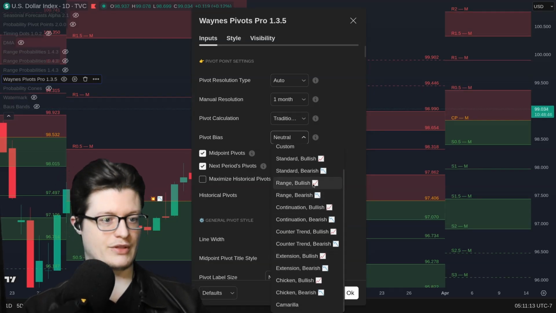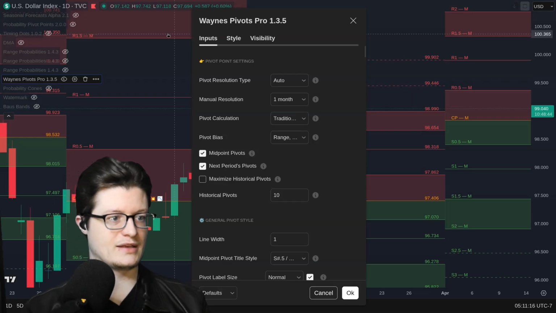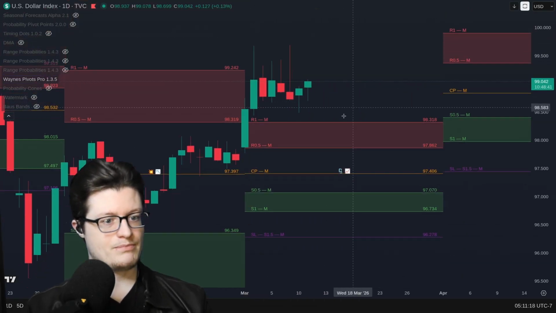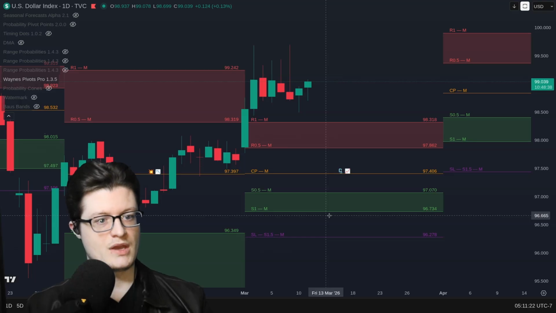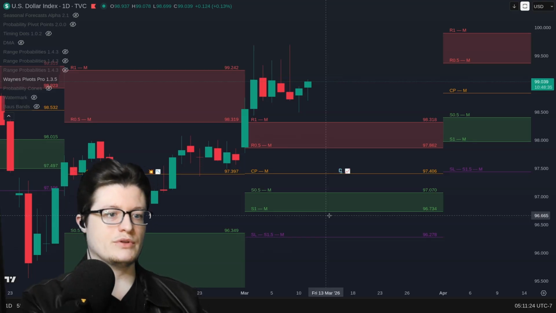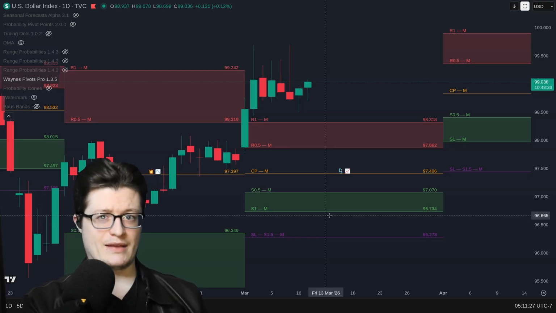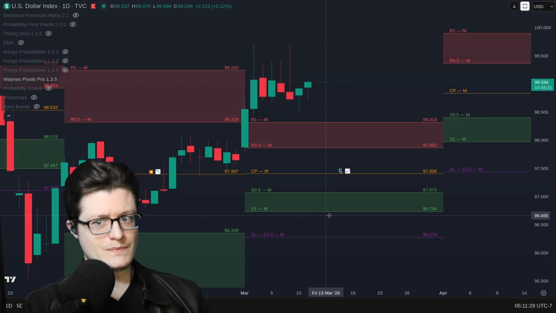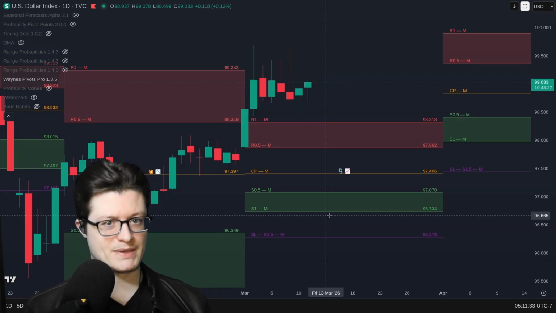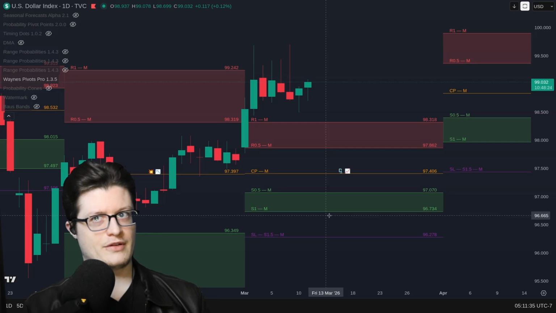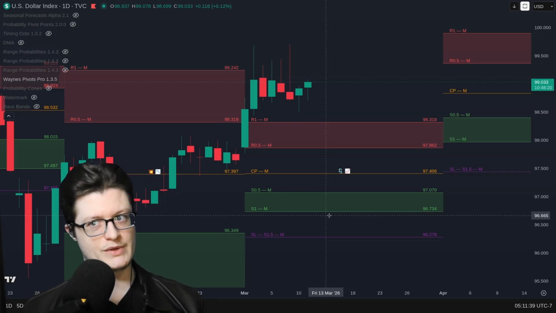Now I can show you, okay, here's the range bullish setting, and it says to buy down here, sell up here, and put your stop loss right there. But obviously going into the beginning of Operation Epic Fury, this is not the right bias to have. This is not the right expectation to have if it's going to be a bullish continuation trade.